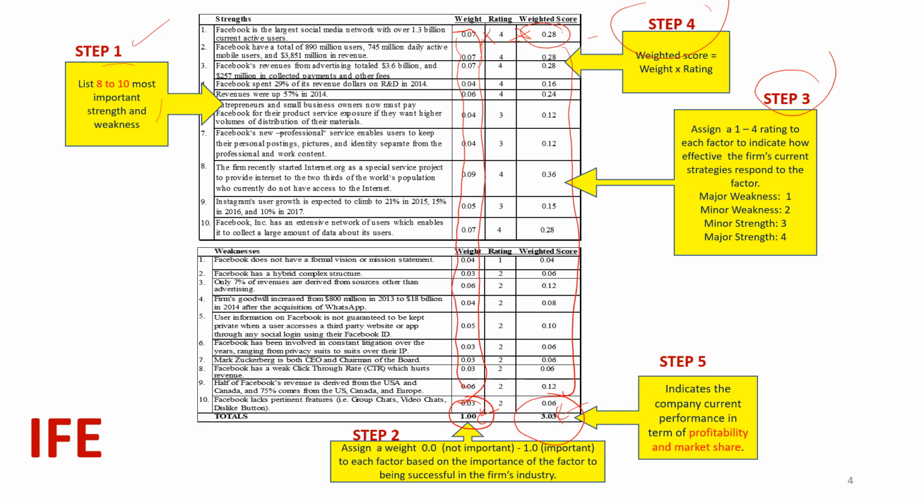Right here, 3.3 is the total weighted score. Now what does that signify? This is the question that you'd have to be asking. The total score of 2.5 is an average score.